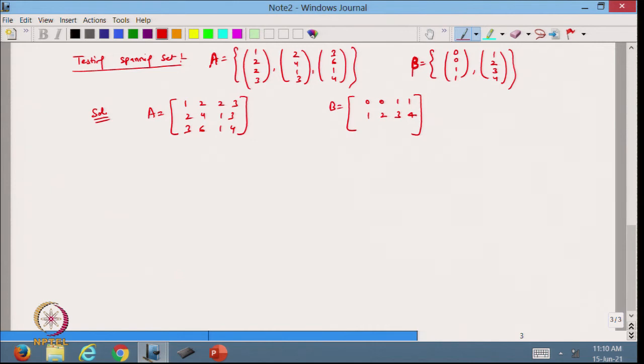So, we want to check whether they are going to span the same space, the space of A transpose or B transpose. So, that we are going to check.